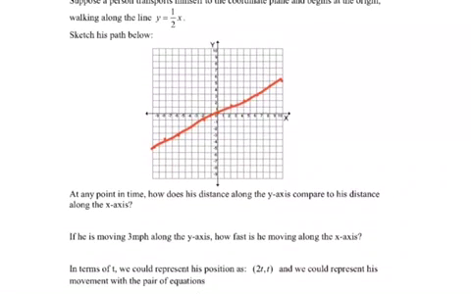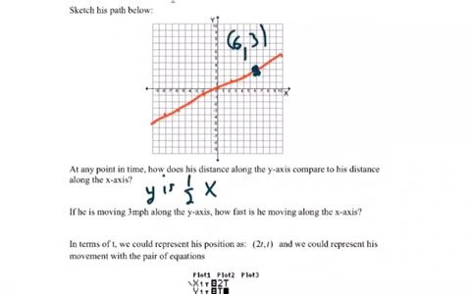Let's pick a nice easy point, this point right here, which is (6, 3). His distance along the x-axis is 6, and his distance along the y-axis is 3. So the y distance is half the x distance. Y is half the x, which is really what y equals 1/2 x means.